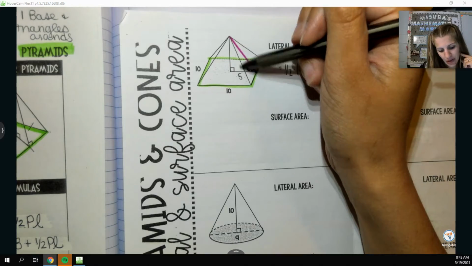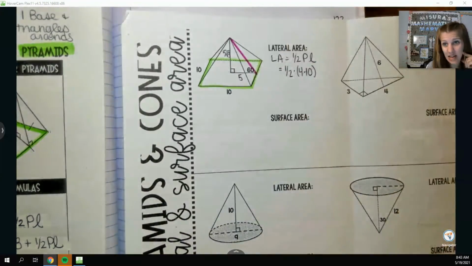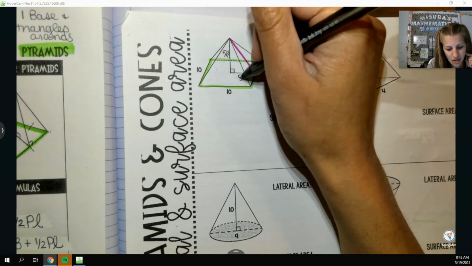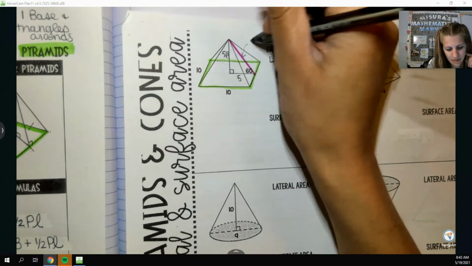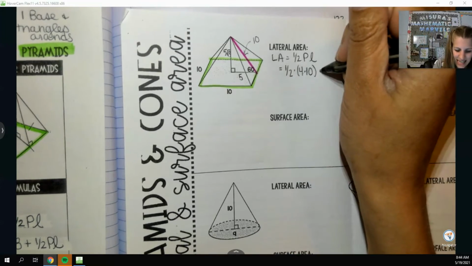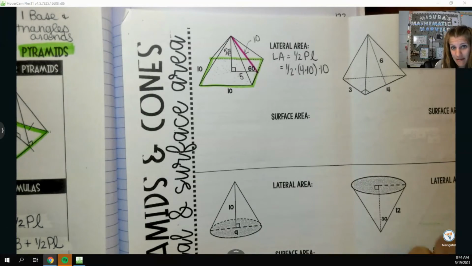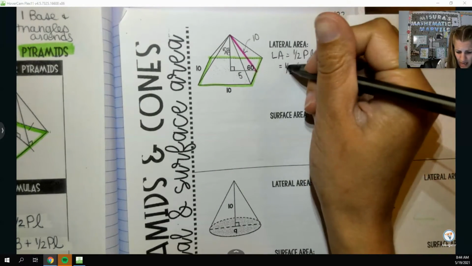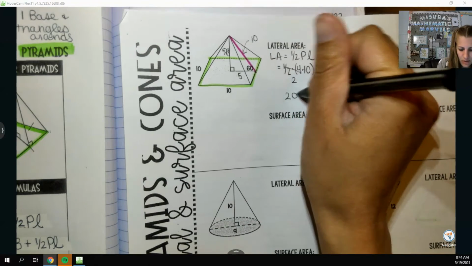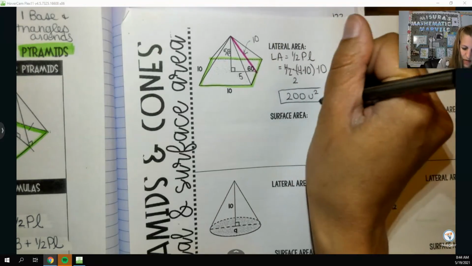And so the long side would be 5 root 3, although I don't need that height. I want the slanted height, which is actually the diagonal, which is actually double this. So 10. That's kind of convenient. And so my slanted height is 10, and now that I have all my numbers filled in, I can take half of whatever I want because we're just multiplying all the things. So half of 4 is 2 times 100 for 200 units squared. We're back to units squared because we're doing area.